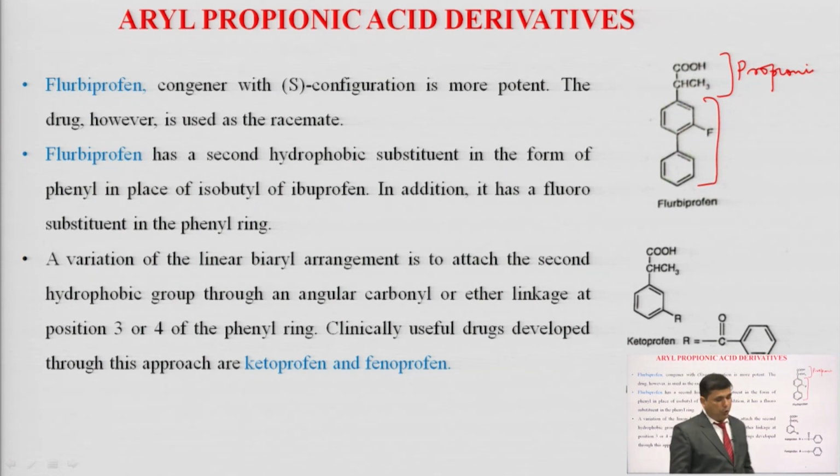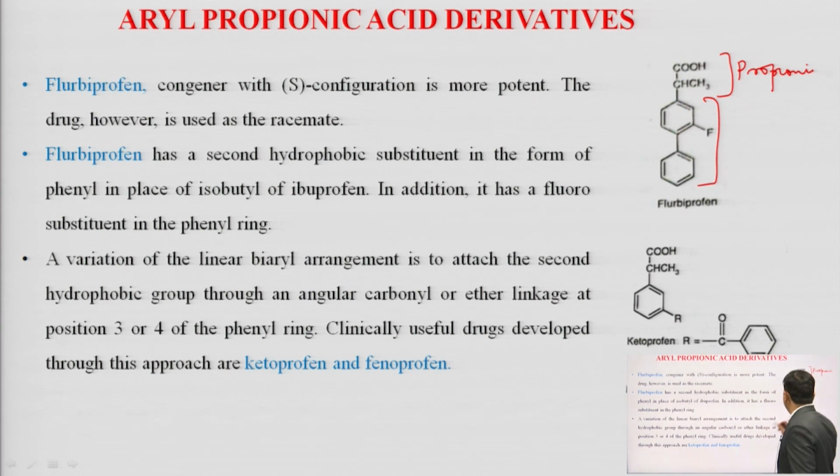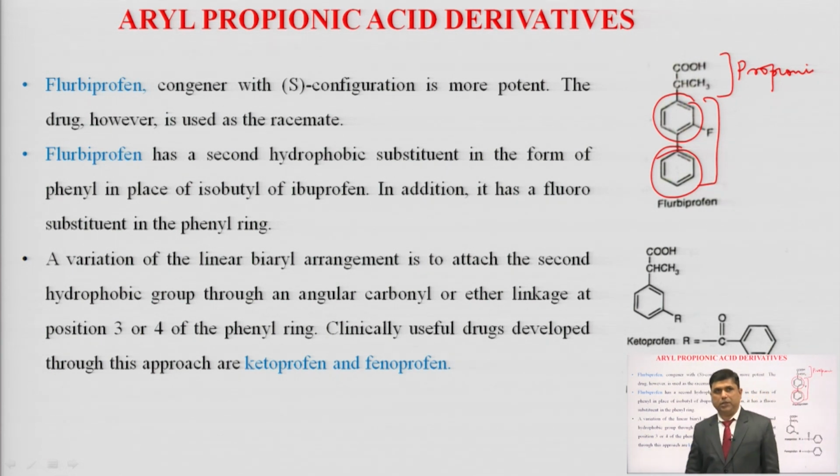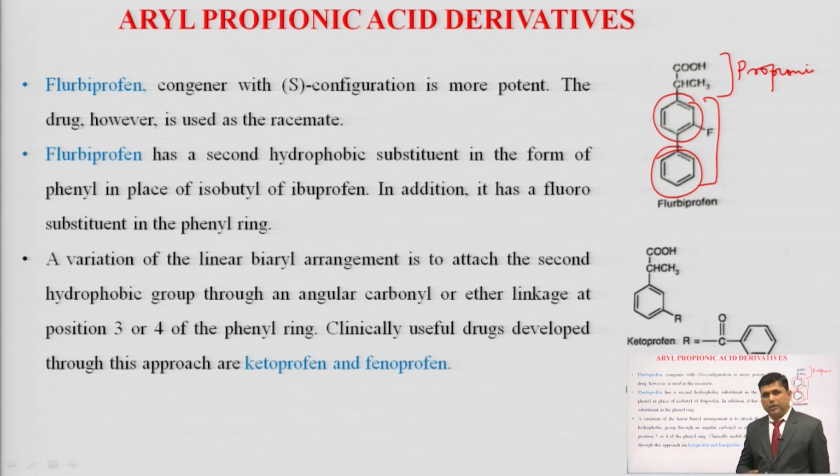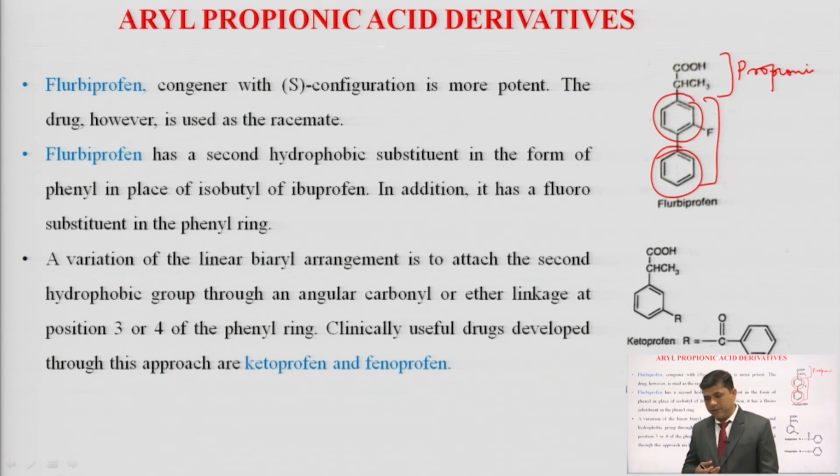So, flurbiprofen has two aryl rings, as we know that the phenyl ring is hydrophobic in nature. So, the second hydrophobic substituent is in the form of phenyl in place of the isobutyl of ibuprofen, and it has a fluoro substituent in the phenyl ring.